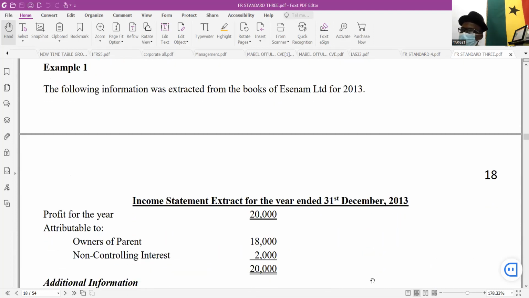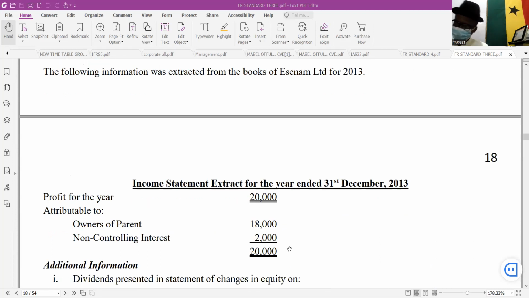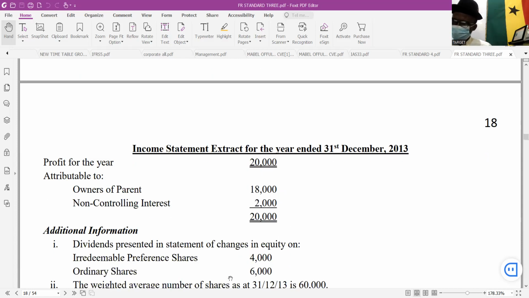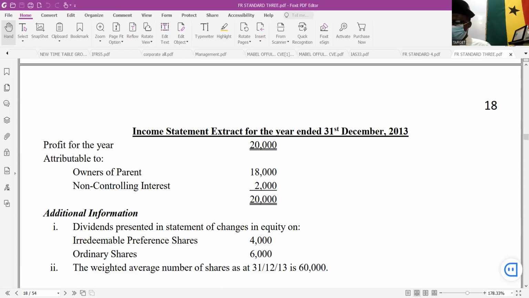This is the financial statement of a group of a company. The total profit is 20,000 for the entire group. The owners of the parent have 18,000. NCI share of profit is 2,000. And these are the dividends they paid.